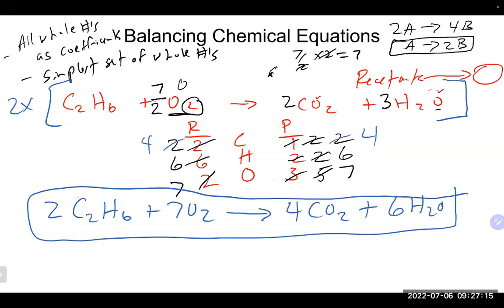That's going to be 2 times 6 is 12 hydrogens on the left. 6 times 2 is 12 on the right. And in terms of oxygen, 7 times 2 is 14. And we have 8 in the first one and 6 in the second one, which I hope is still 14. And this would be our properly balanced equation.